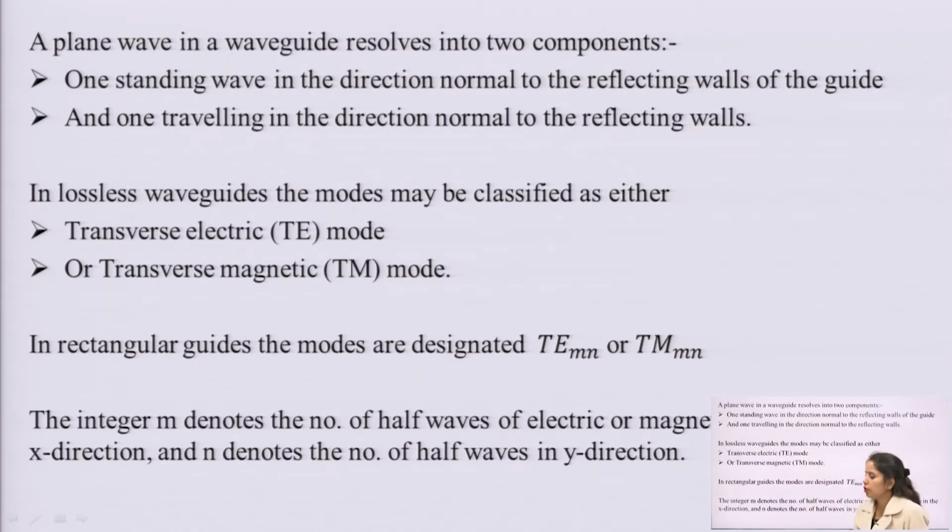Now, what we are having? Due to this, one standing wave in the direction normal to the reflecting wall, that is lambda n, and one travelling in the direction parallel to the reflecting walls.